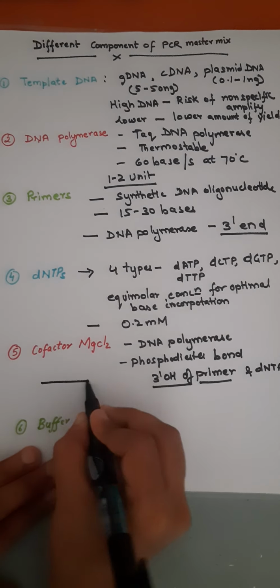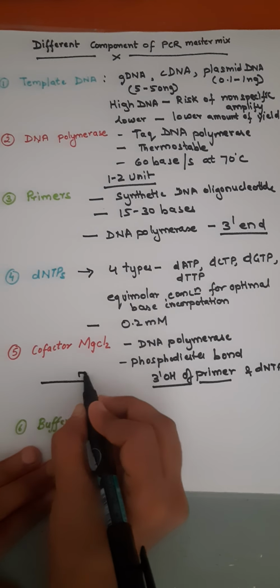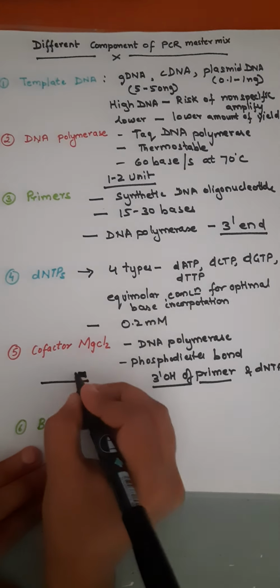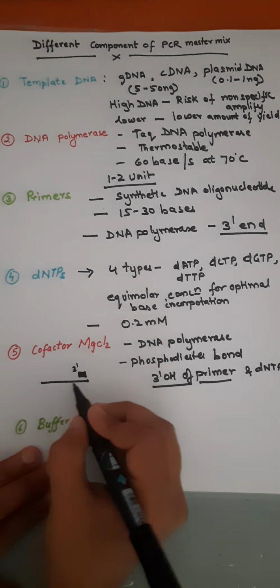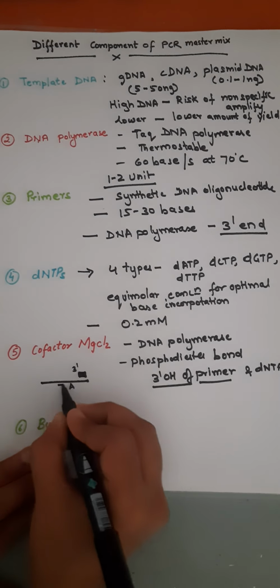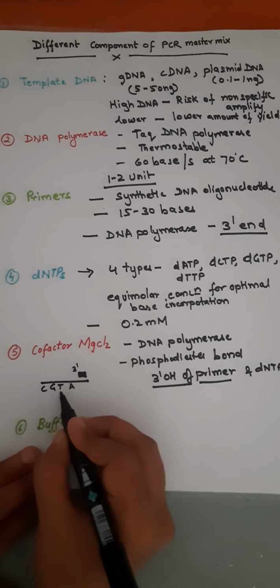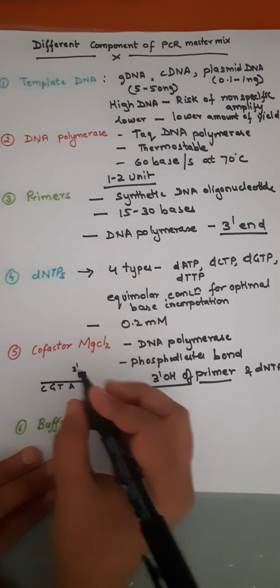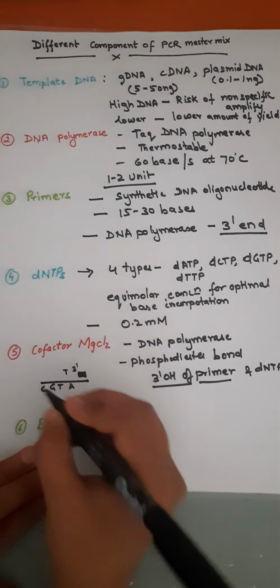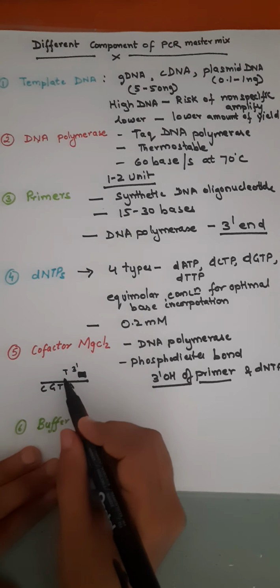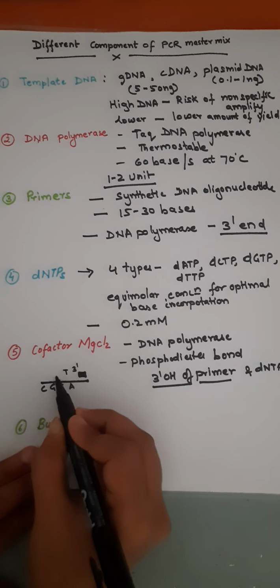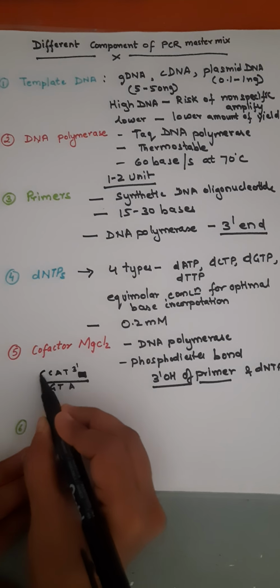So, as I have already told you, this is our template strand, here the primer will bind, and this is the 3' end of the primer. Suppose the sequence of the template strand is ATGC, then we know that the next nucleotides on the other strand being synthesized will be TACG.